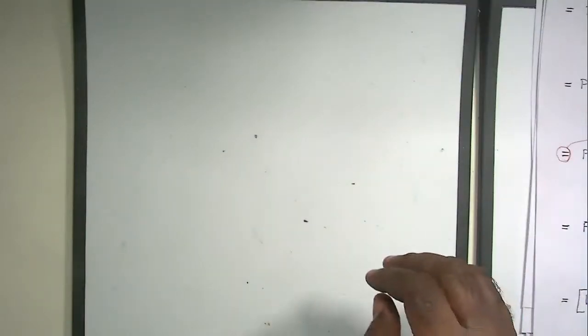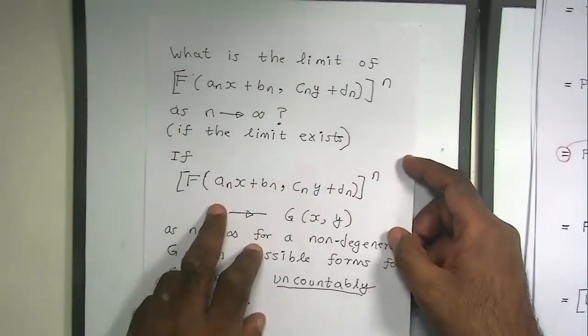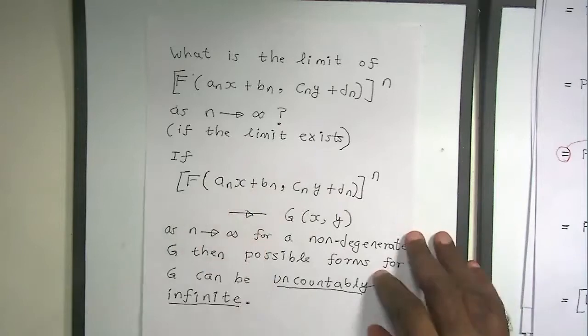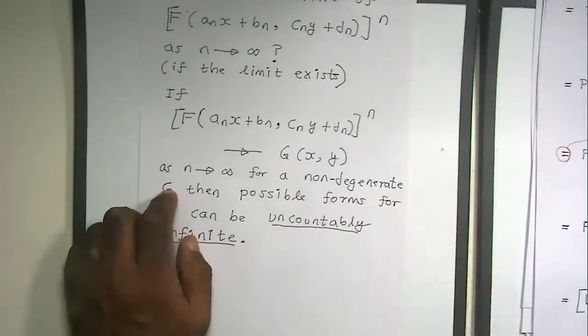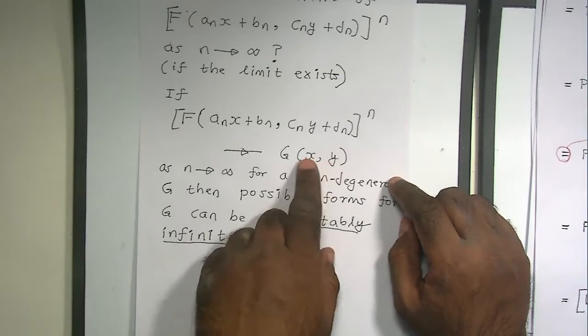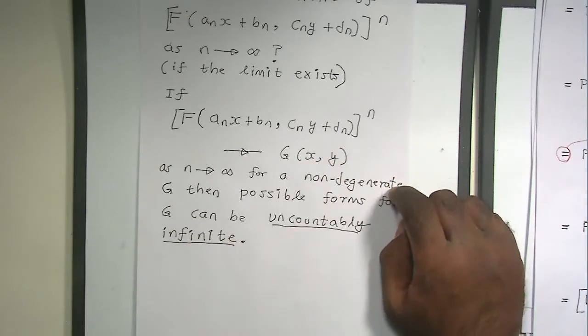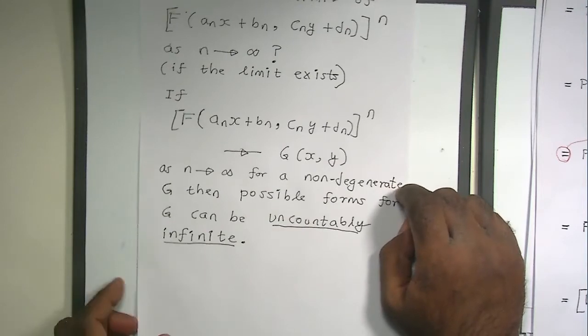And then I asked the question, what is the limit of this as n approaches infinity? Okay, all right. So the answer for that is the following: if the limit exists and you call it g of x comma y, then the possible forms for g of x comma y can be uncountably infinite. Okay.